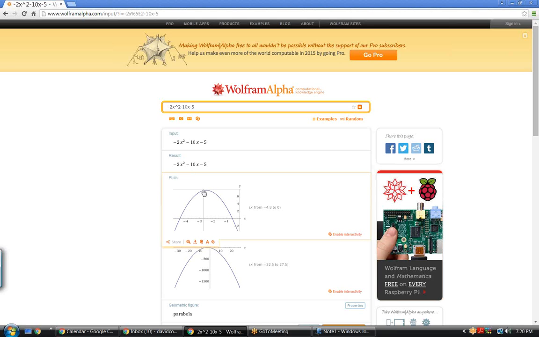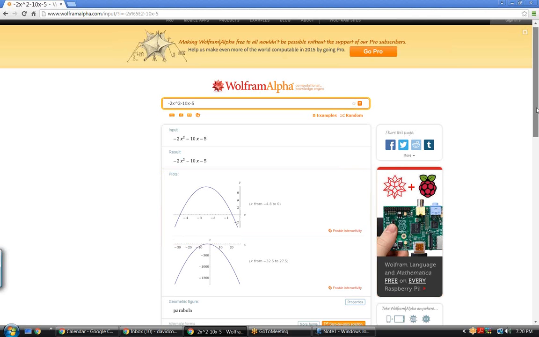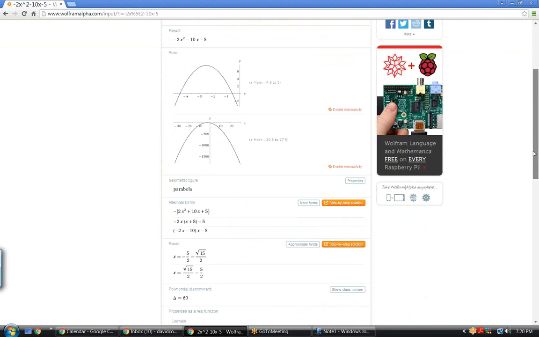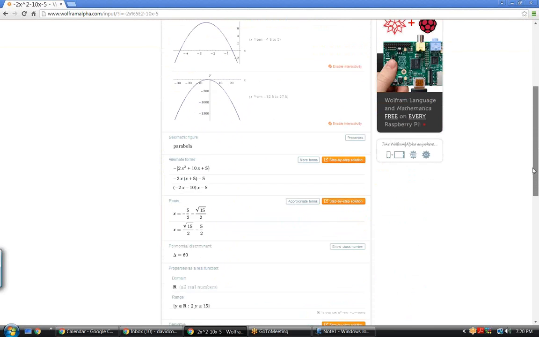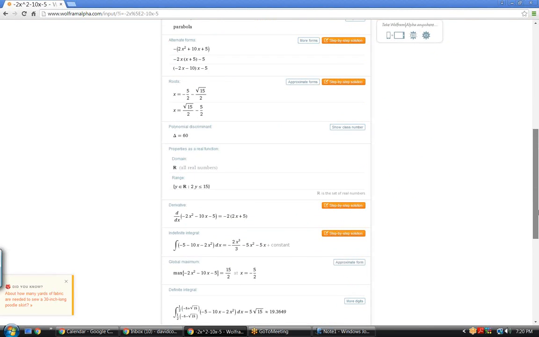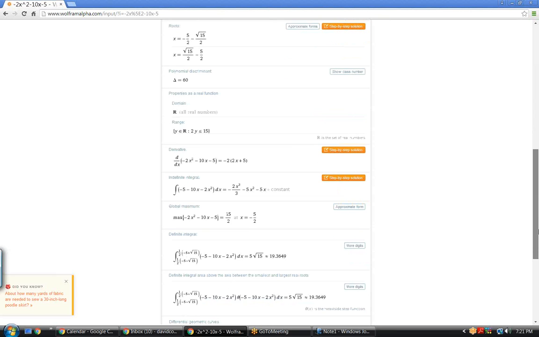And Wolfram Alpha also gives you the maximum. We can see that it is at minus 2.5, and it does come in at 7.5. It also gives you the zeros, which is a beautiful thing. You don't have to do any trace or anything. The roots are these two numbers here.